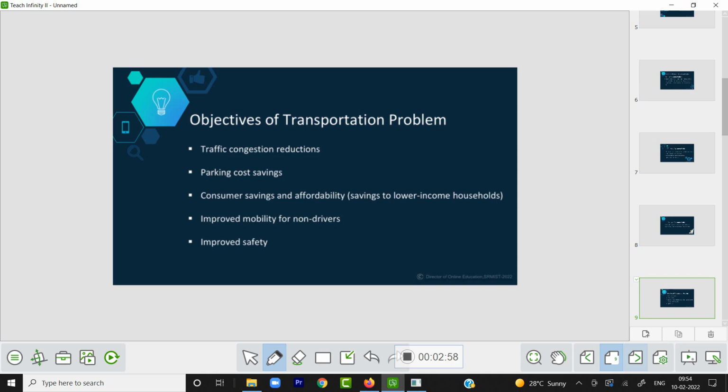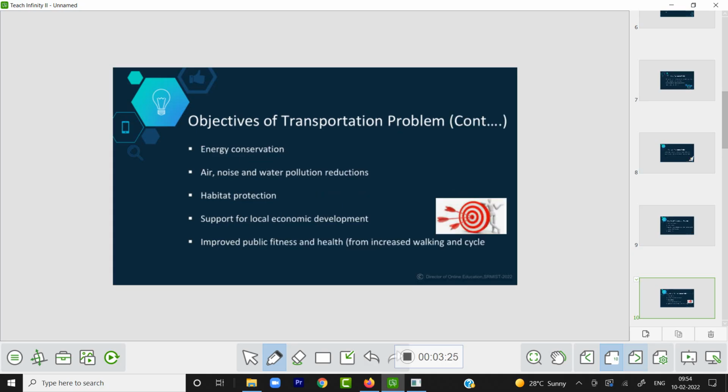Or for lower income households, based on income, deciding which people get subsidies and which scheme is applicable. Or the mobility of drivers from one place to another, and improving security at each and every place. All those are applications.